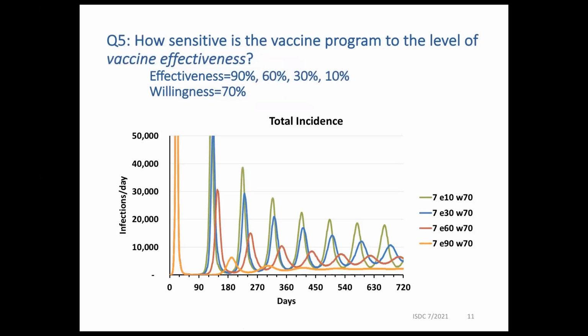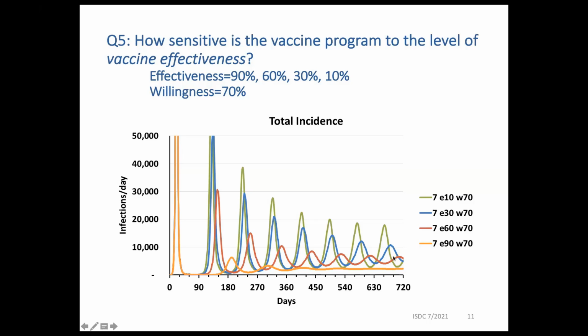In the next set of tests, we hold willingness constant at 70% and vary effectiveness from a high of 90% down to a low of 10%, i.e. a vaccine which is barely effective. As we saw from the first slide in the series, at 70% willingness, even a 90% effective vaccine does not completely halt new infections.